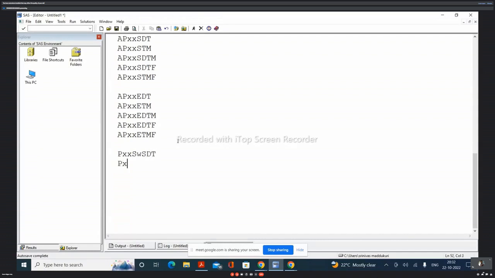Now, period XX, sub-period W, STM, start time, and period XX, sub-period W, SDTM. But for SDTM, what is the length of the variable now?